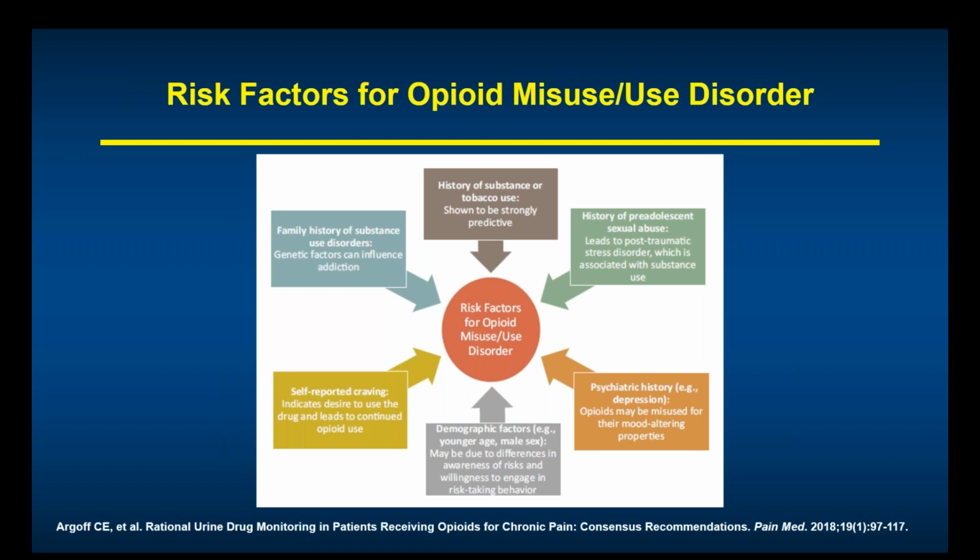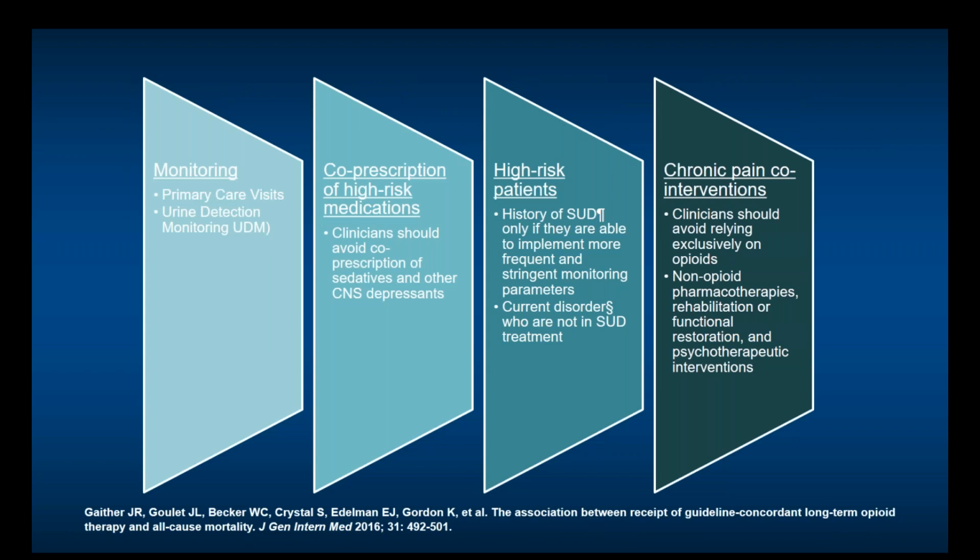You can see that there's demographics. You can see that psychiatric history also plays a role in risk for misuse and use disorder. History of pre-adolescent abuse, post-traumatic stress, and again, history of substance use, obviously, strongly predicts those who might have the likelihood to have opioid misuse and use disorder.